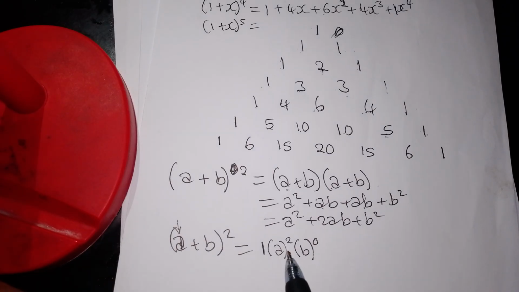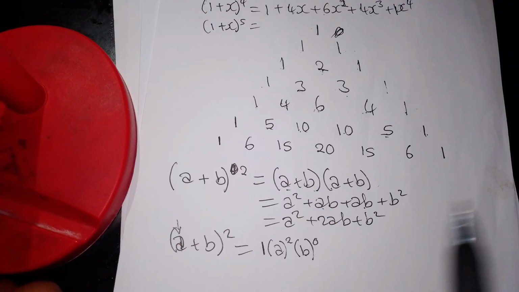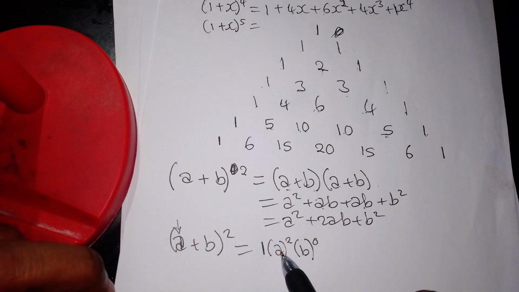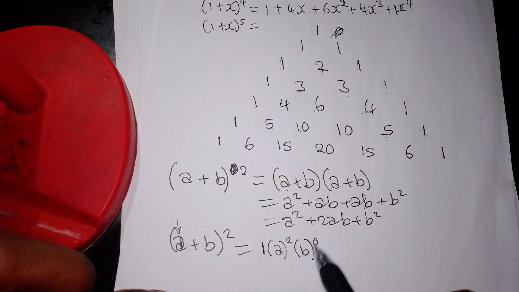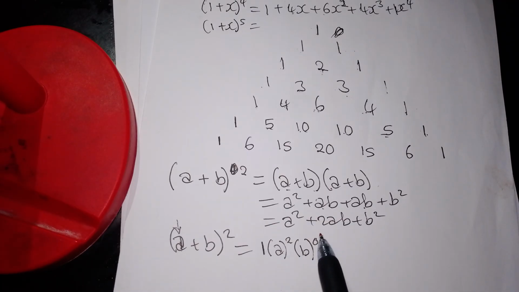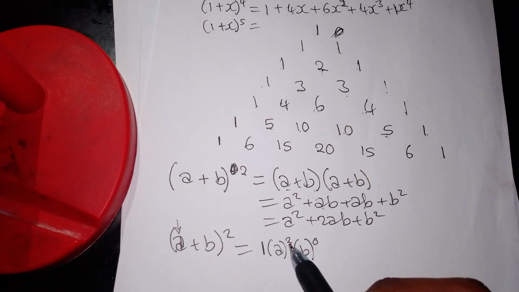So what is happening here is the powers of a are decreasing as the powers of b are increasing by 1, of course. So if I reduce this by 1, I should increase this by 1, so that at the end of the day, the sum of the powers is always constant. In other words, it's always a 2, because when I add this to this, I'll get a 2.